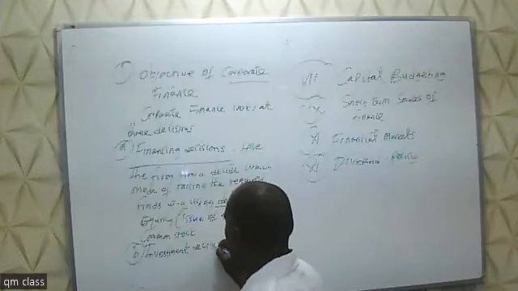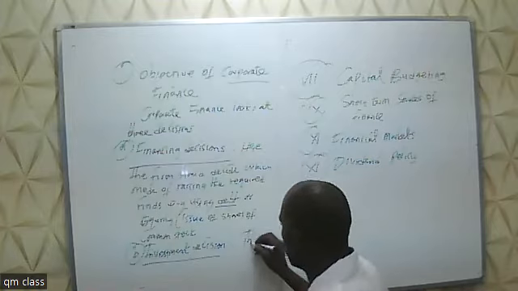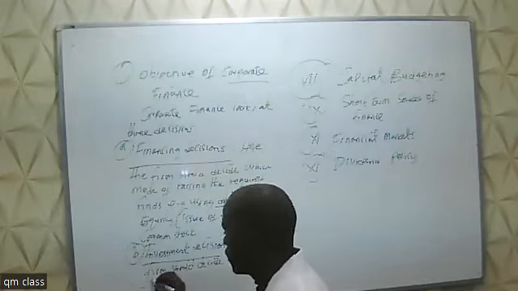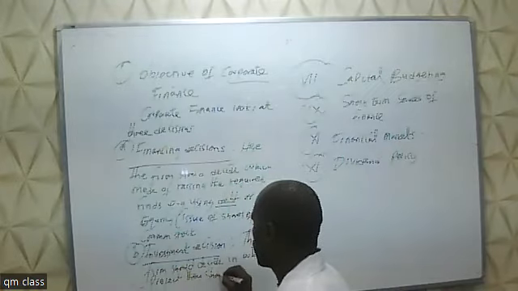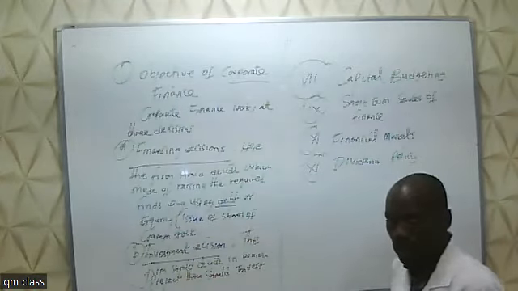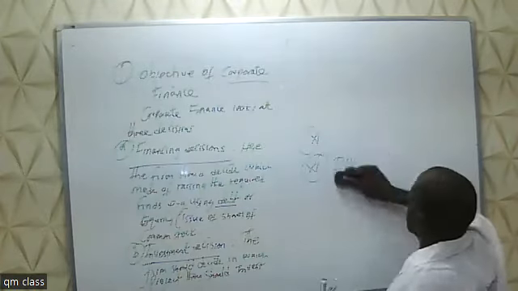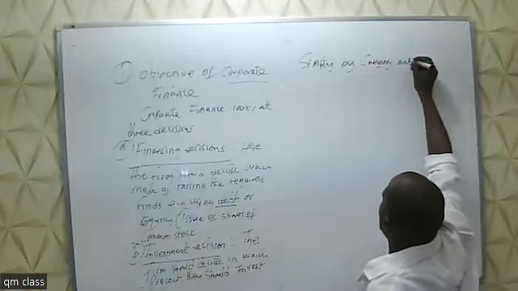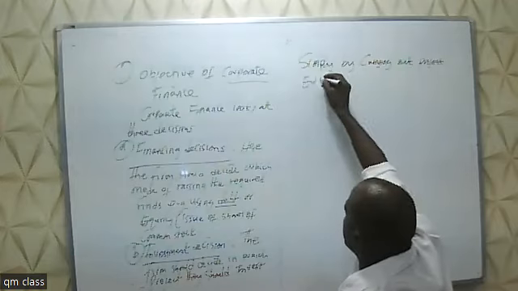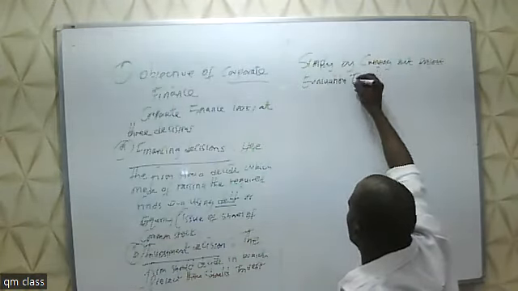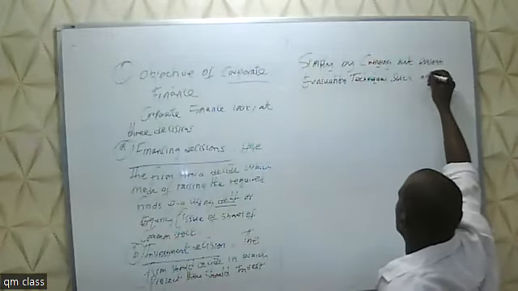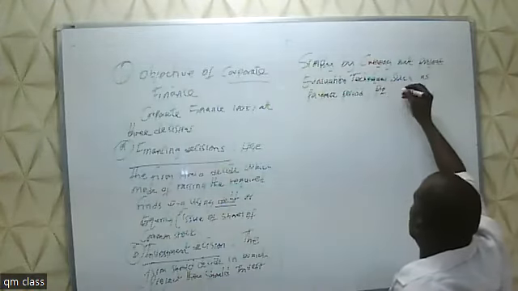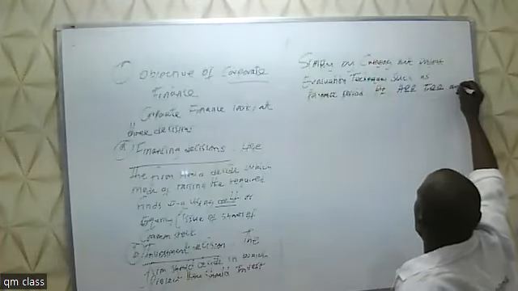So this is where the firm decides in which project they should invest, simply by carrying out project evaluation techniques such as payback period, the PI, which is the profitability index, the accounting rate of return, the internal rate of return, and the net present value.